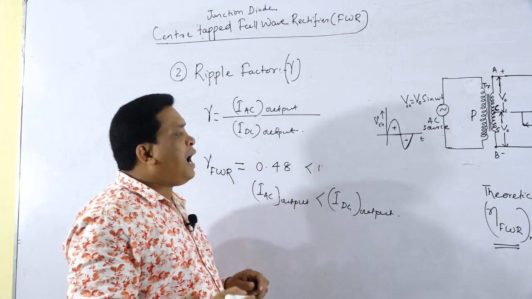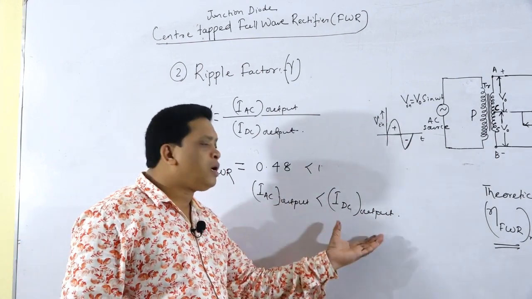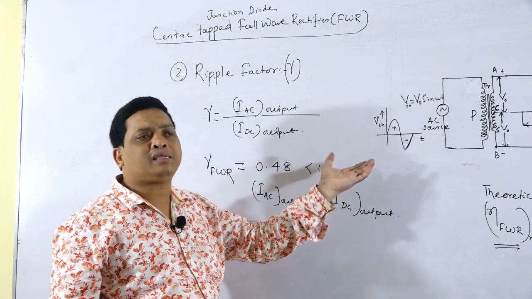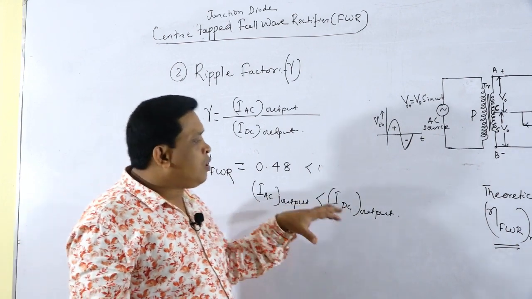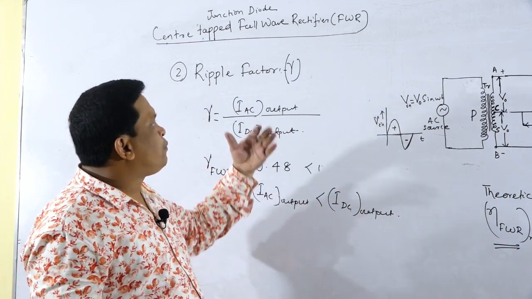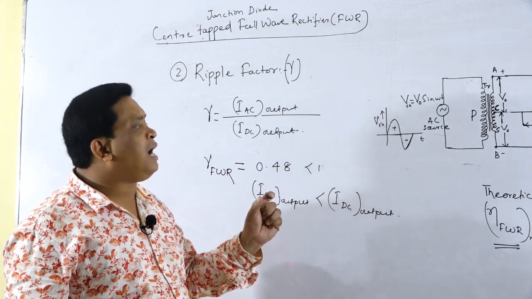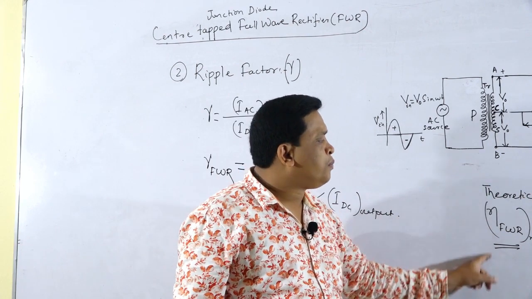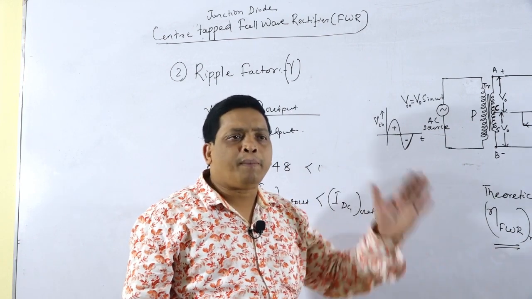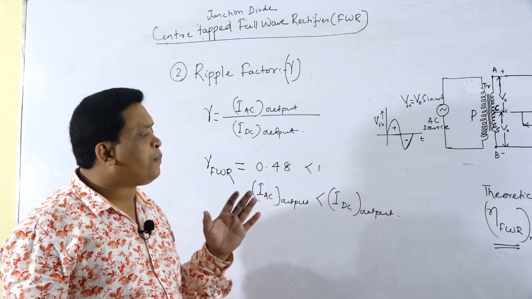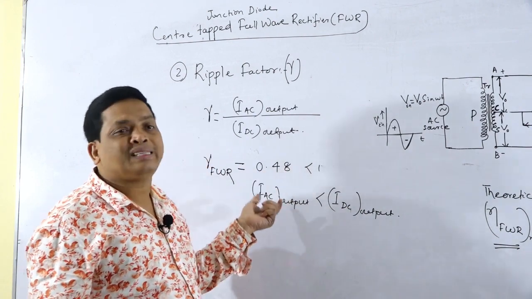That means at the output of the full wave rectifier circuit, we are getting more DC components and less AC components. Okay? So, if you compare the full wave rectifier circuit with that of half wave rectifier circuit, you will see that the maximum efficiency of full wave rectifier circuit is double the maximum efficiency of half wave rectifier circuit, and also ripple factor is less than 1.